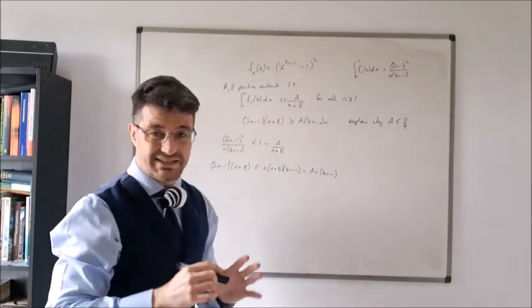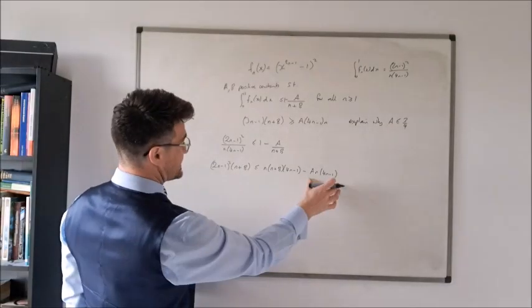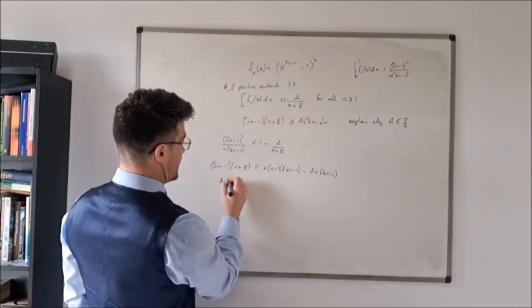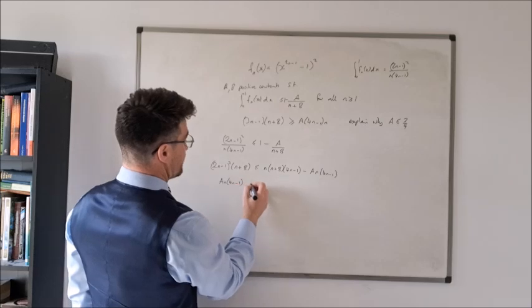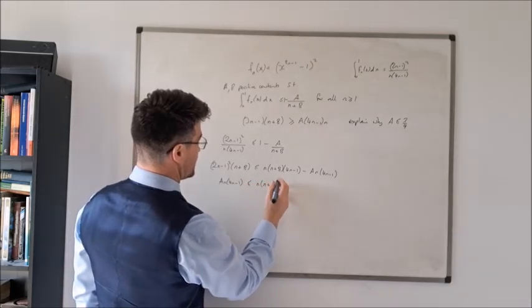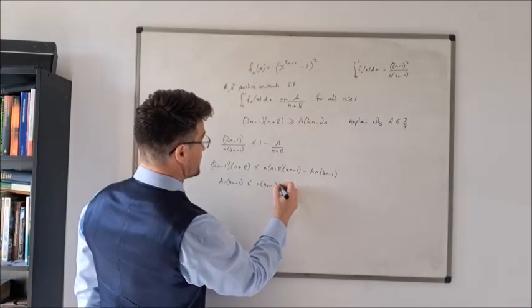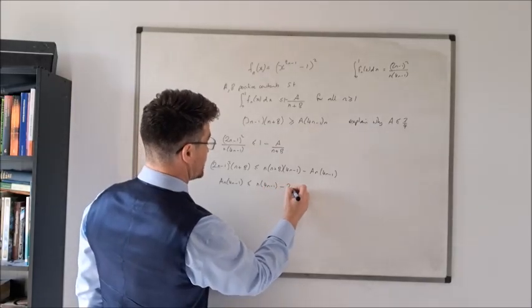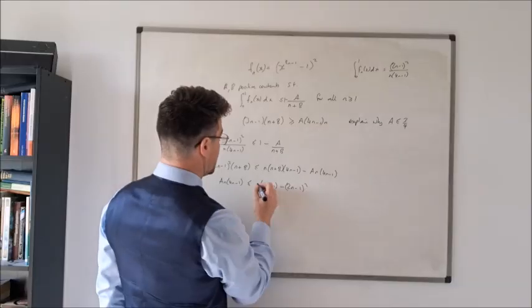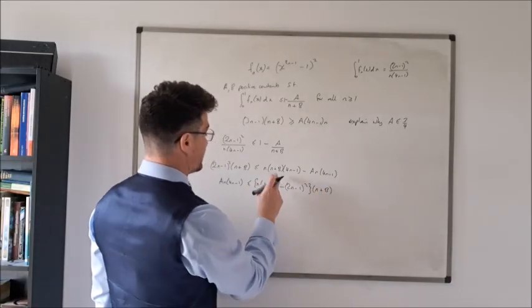So it's a good sign. Let's add this to each side. a n (4n minus 1) is going to be less than or equal to n times (4n minus 1) minus (2n minus 1) squared, all multiplied by (n plus b). So we've got the common factor of n plus b.